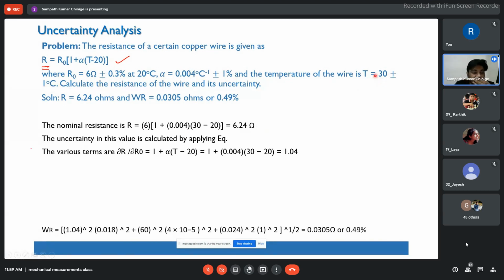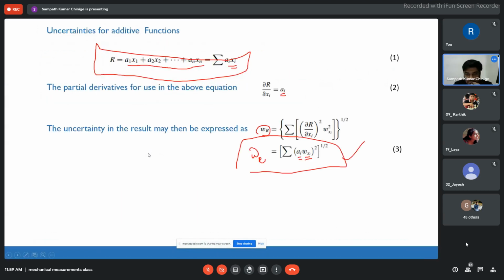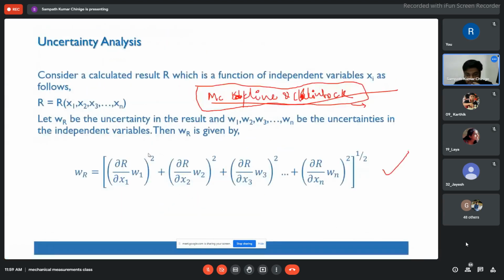Now, how do you find the uncertainty in this? The uncertainty starts with dou R by dou R0, partial differentiation. It will give you 1 plus alpha into t minus 20, since R0 by R0 is gone. So this is the value of dou R by dou R0, the first value.